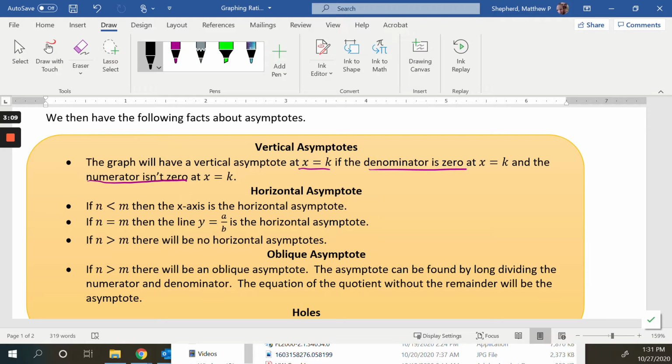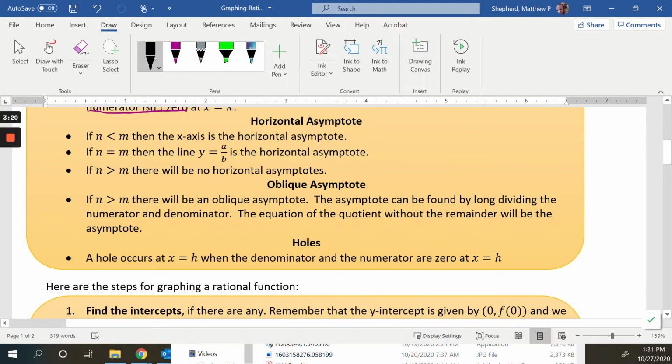If the degree of the numerator is greater than the degree of the denominator, there is not going to be any horizontal asymptote. However, that does cause a unique situation. It creates an oblique asymptote. These are also called slant asymptotes. These asymptotes can be found by long dividing the numerator by the denominator.